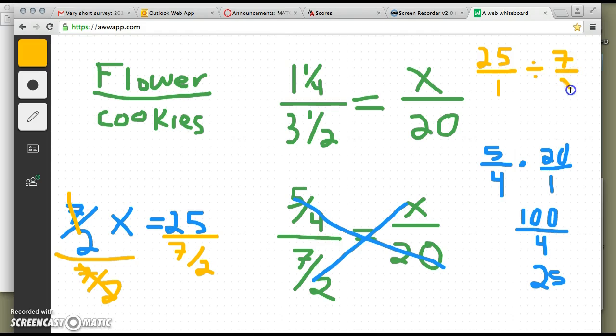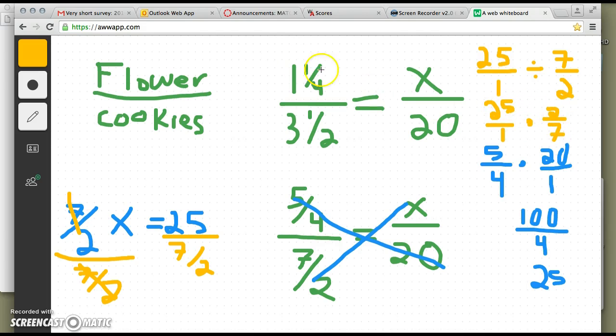Remember, guys, that dividing by a fraction is the same as multiplying by the reciprocal. So that's the same thing as 25 over 1 times the reciprocal. We divided by 7/2, that's the same thing as multiplying by 2/7. So now we would just need to multiply straight across.